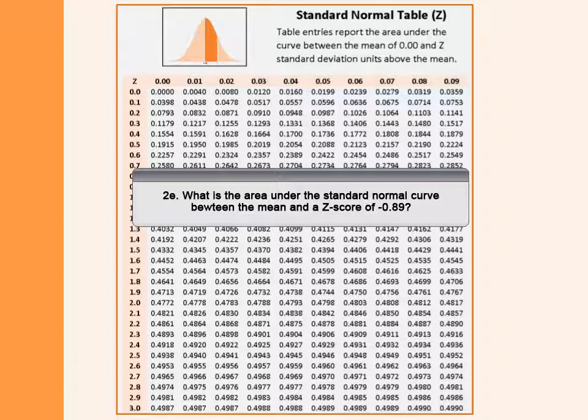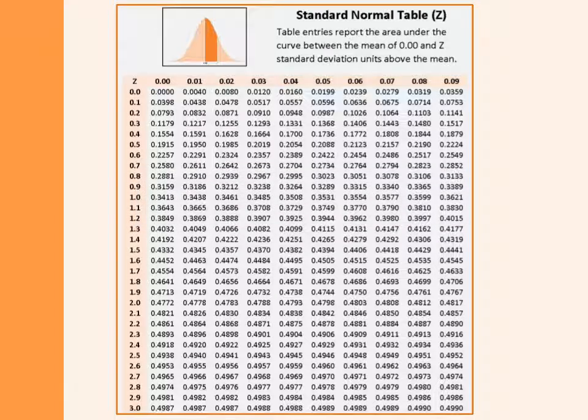For the next problem, we're to find the area under the standard normal curve between the mean and a z-score of -0.89. Again, looking up the absolute value of our z-score, we highlight the row of 0.8 and the column of 0.09. And we see the value that appears where these two highlighted sections intersect is 0.3133.